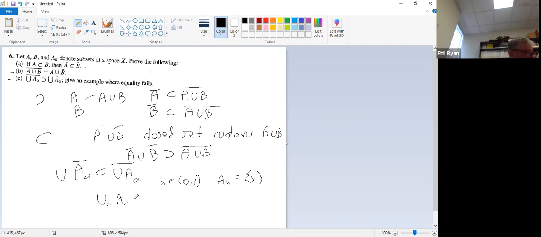So the union of all the singletons is (0, 1) itself, right? And the closure of that is equal to the unit interval. But of course, the closure of a singleton is just itself. And so the union of the closures is still going to be just the open interval (0, 1).